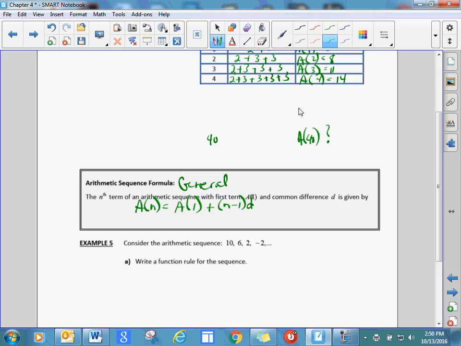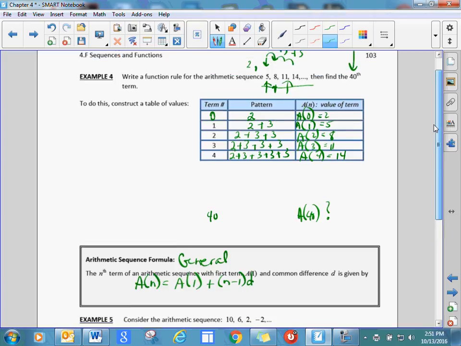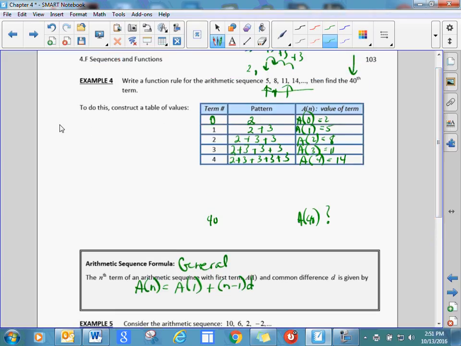So the common difference up here in our example, let's go back up here and write some stuff. So we know that the constant change is 3. Positive 3. You're adding 3 to get to each one of these. So that's our d. Our d is 3, the constant change.